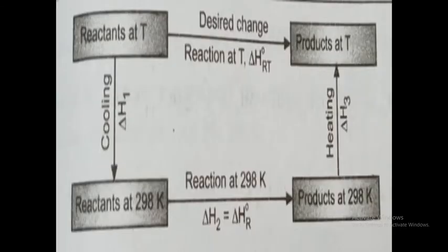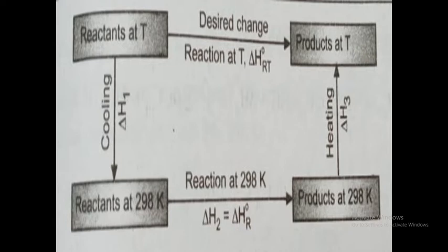The figure shows the effect of temperature on heat of reaction: a three-step process to obtain the overall standard heat of reaction at a temperature T, that is delta H R naught T. Step number 1, reactants are cooled from temperature T to 298 Kelvin.